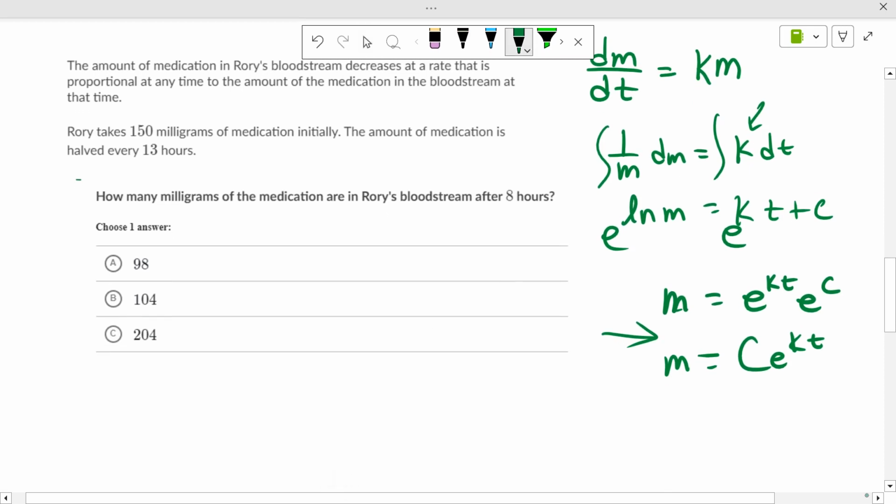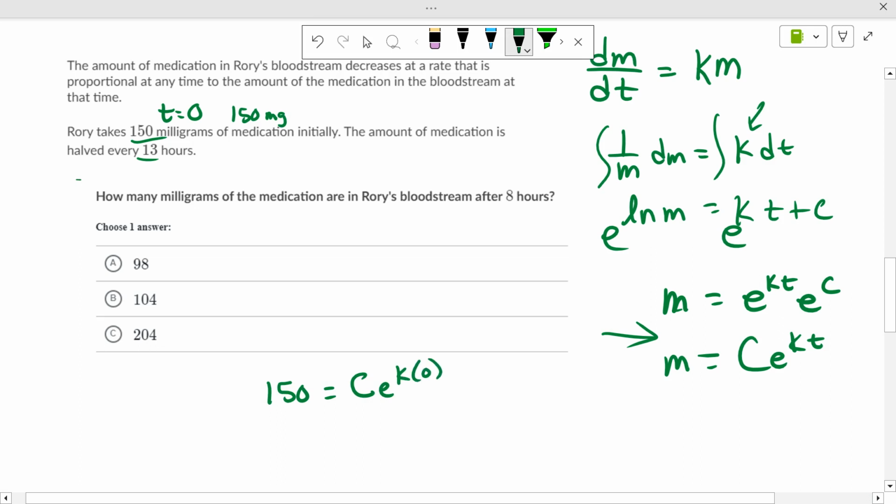So, Rory takes 150 milligrams initially. The amount of medication is halved every 13 hours. So we got to figure out his initial. His initial is at time equals 0. He has 150 milligrams of medication. Okay? So 150 equals C e to the k times 0.